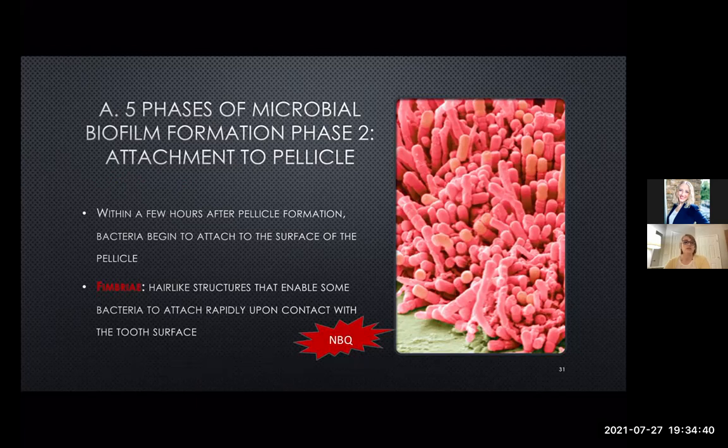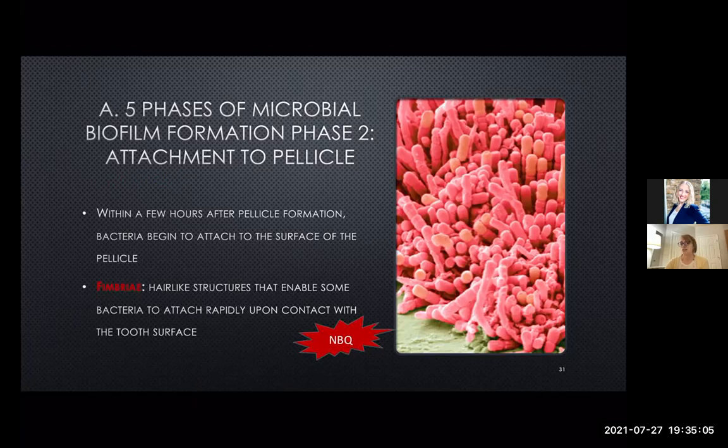So that's phase 2, attachment to the pellicle. Within a few hours, bacteria begin to attach to the surface of the pellicle. Well, if we just did a cleaning, why is there bacteria? It is impossible to eliminate 100% of bacteria in the mouth. So some of that free-floating planktonic bacteria is still in there and finds a new surface to attach to.